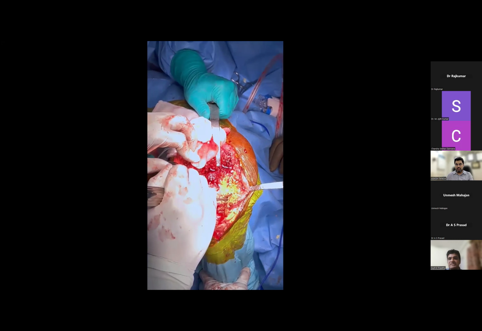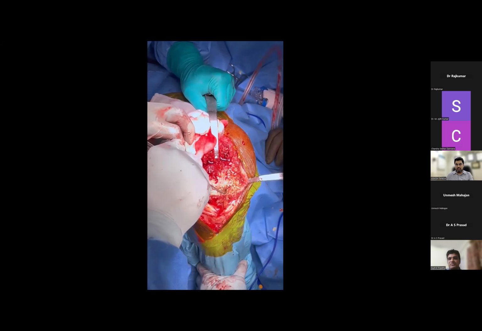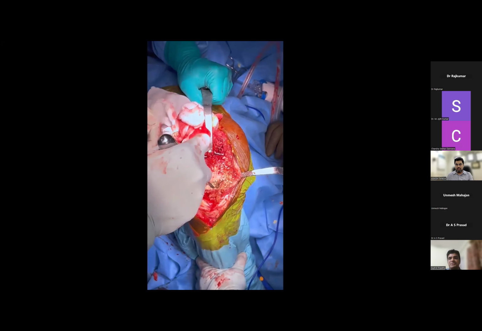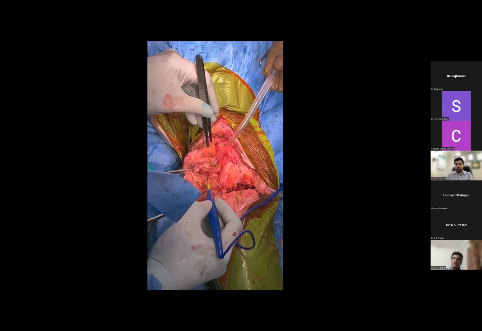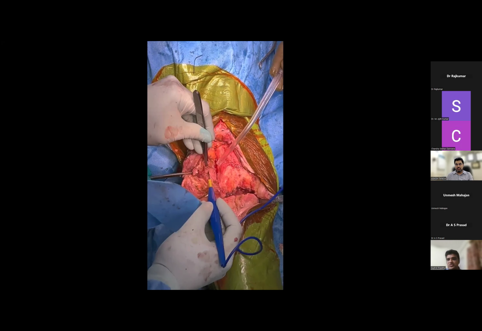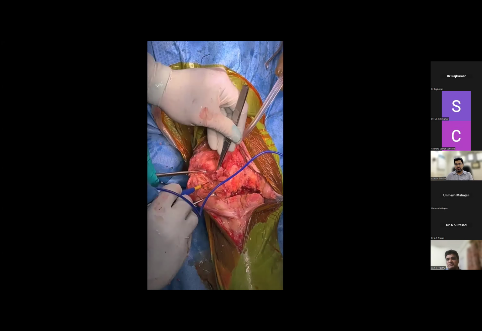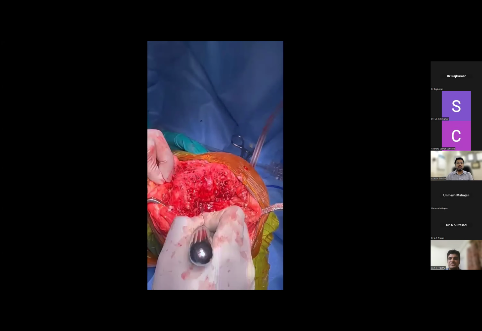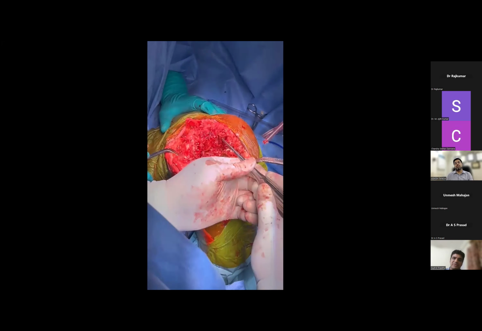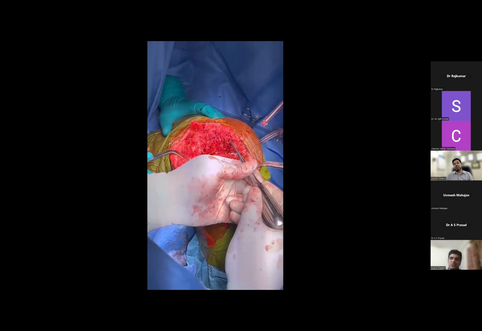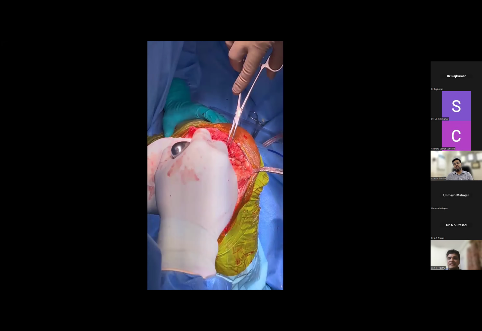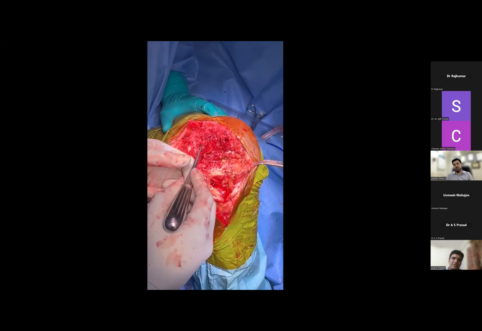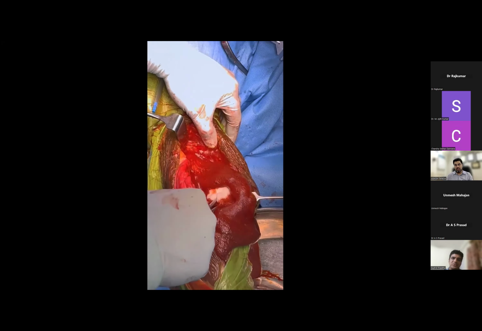Once the cement is curetted out from both the femoral and tibial side, you need to wash it thoroughly, and clear all the gutters, medial gutter, lateral gutter, suprapatellar pouch, and the posterior aspect of the knee joint, because that is the most common site of retention of infection. One needs to scoop out all the biofilm or slimy layer, because that will prevent the penetration of the antibiotics, and particularly the pannus should be removed.